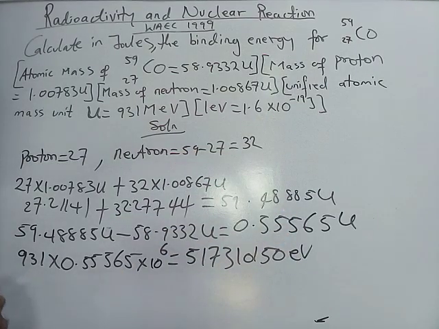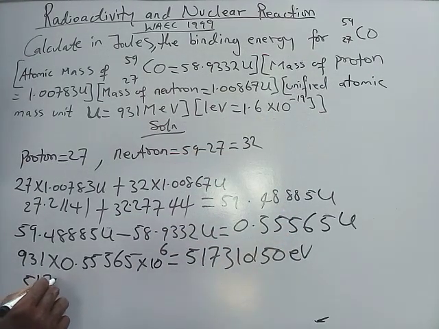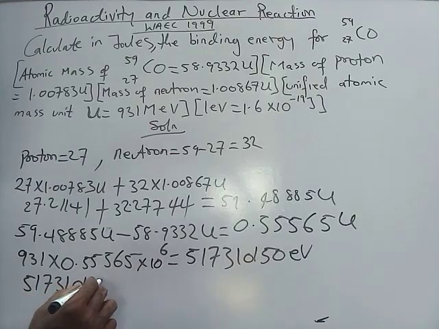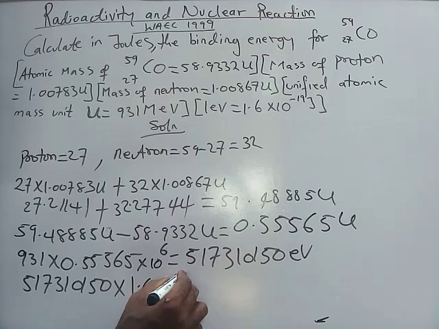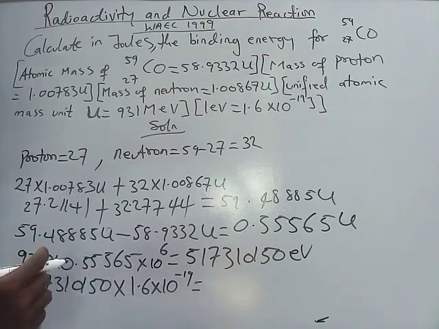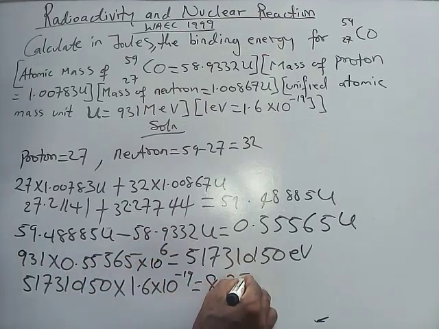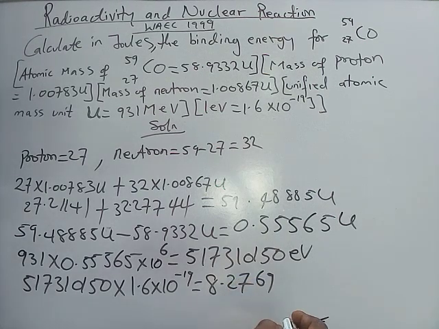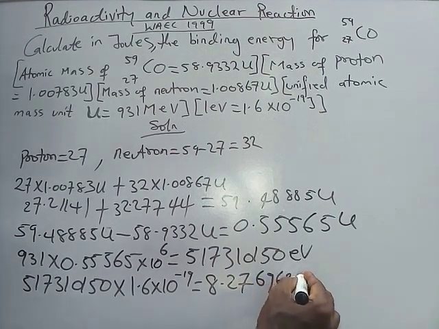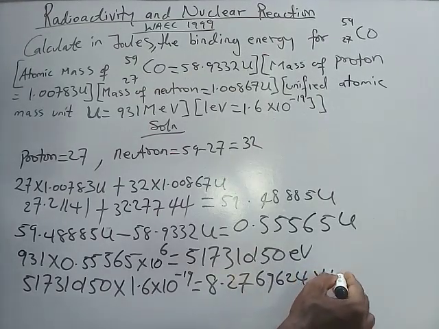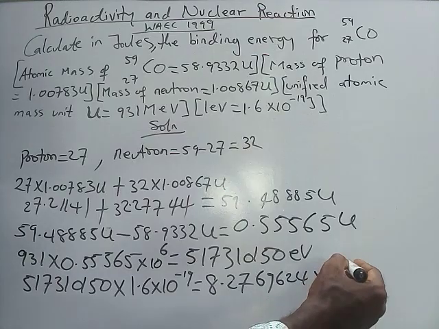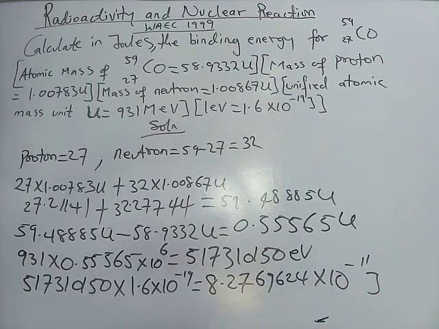So 517310150 multiplied by 1.6 times 10 raised to the power minus 19 gives us 8.27696 times 10 raised to minus 11 joules.